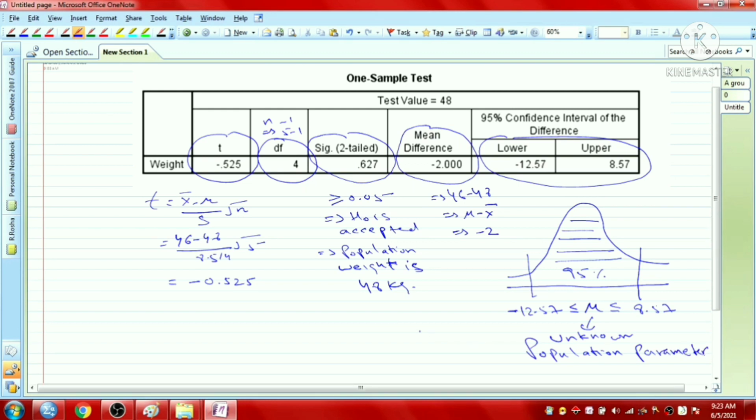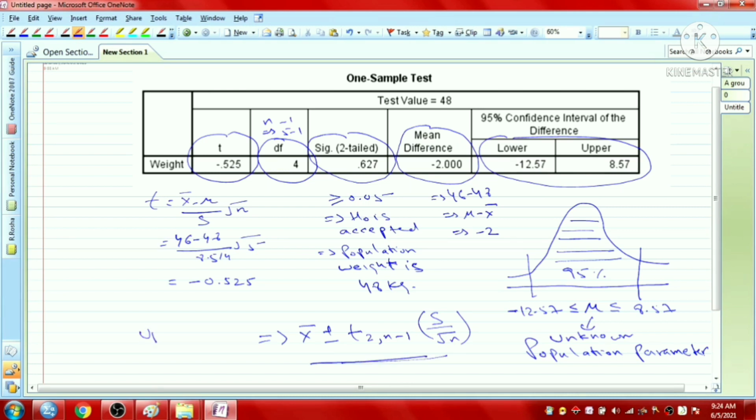Upper value minus lower value is called the width. Upper limit and lower limit can be calculated by this formula: mean plus or minus t estimation. T estimation is t with n minus 1 degrees of freedom, times standard deviation over under root of number of observations.